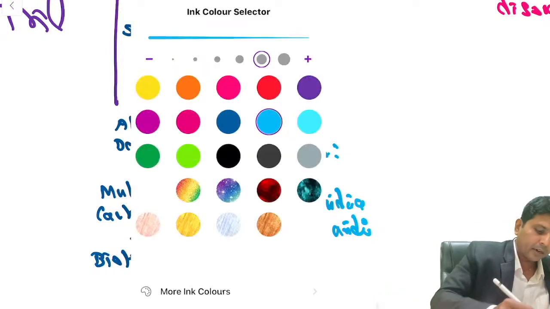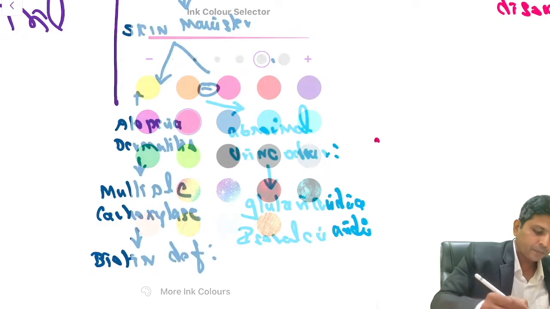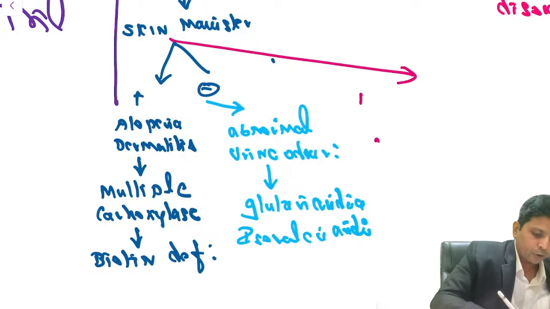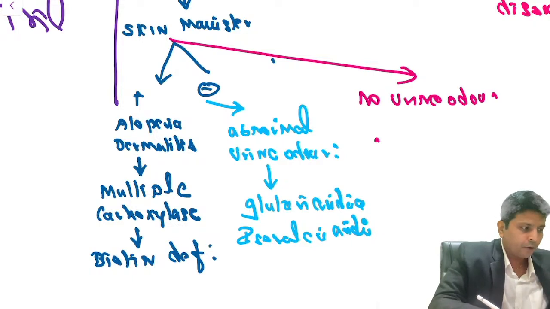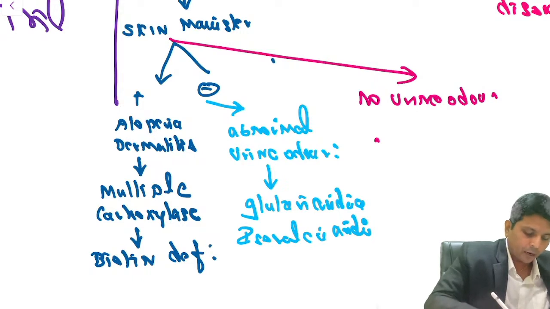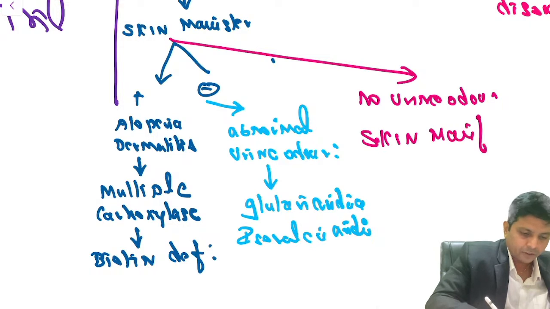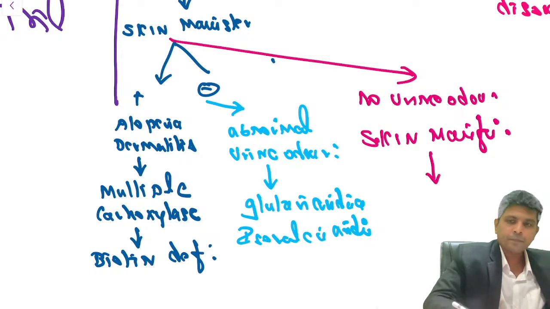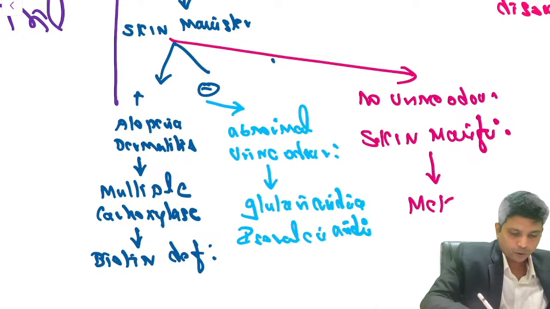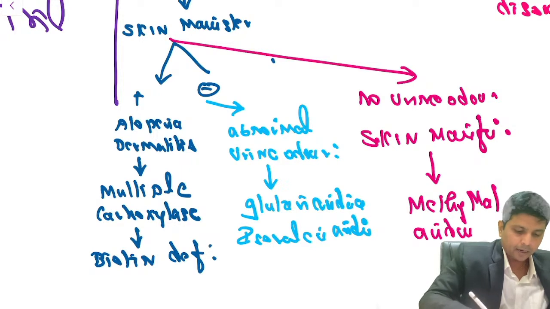Now I have a third one in which I have neither abnormal urinary odor nor skin manifestations. Then you have two diagnoses: one is methylmalonic aciduria and another is propionic aciduria.